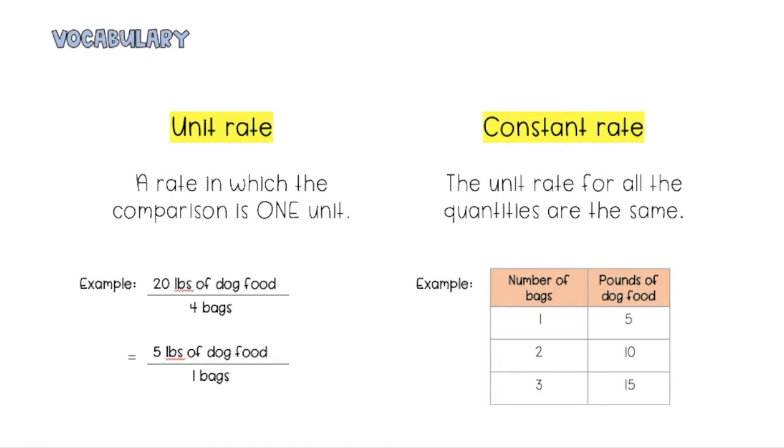Well, the unit rate for these two values, if I divide 10 divided by 2, it gives me 5 pounds per bag. Similarly, if I do 15 divided by 3, I also get 5 pounds per bag. So it's going to demonstrate a constant rate.